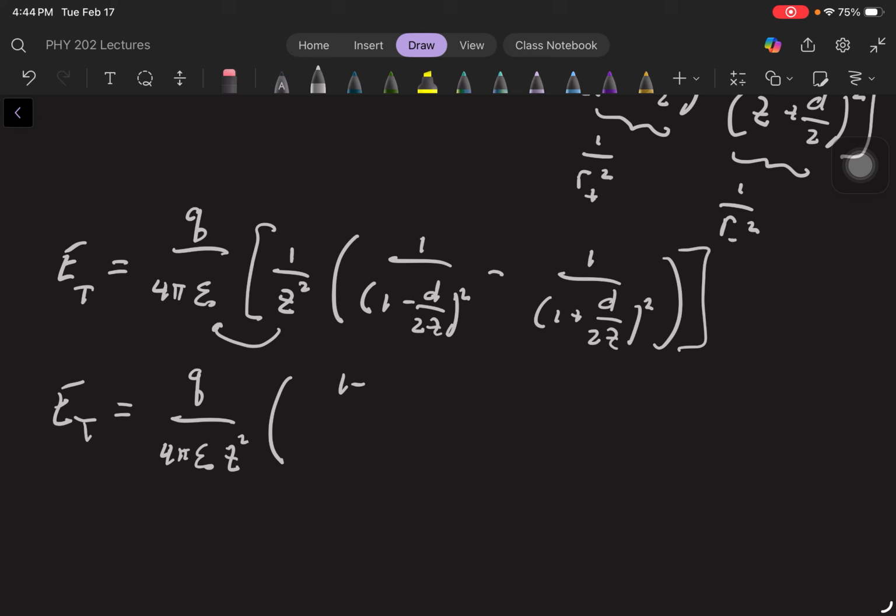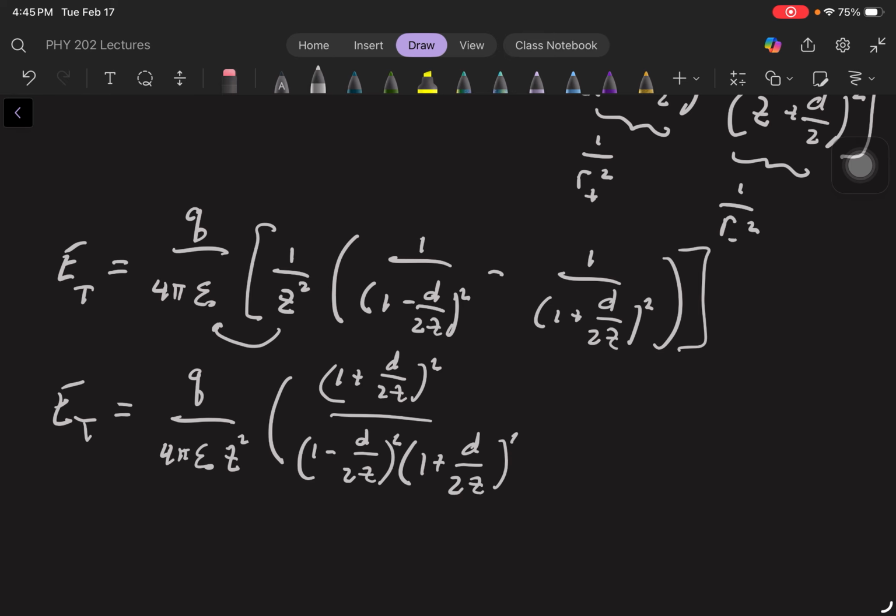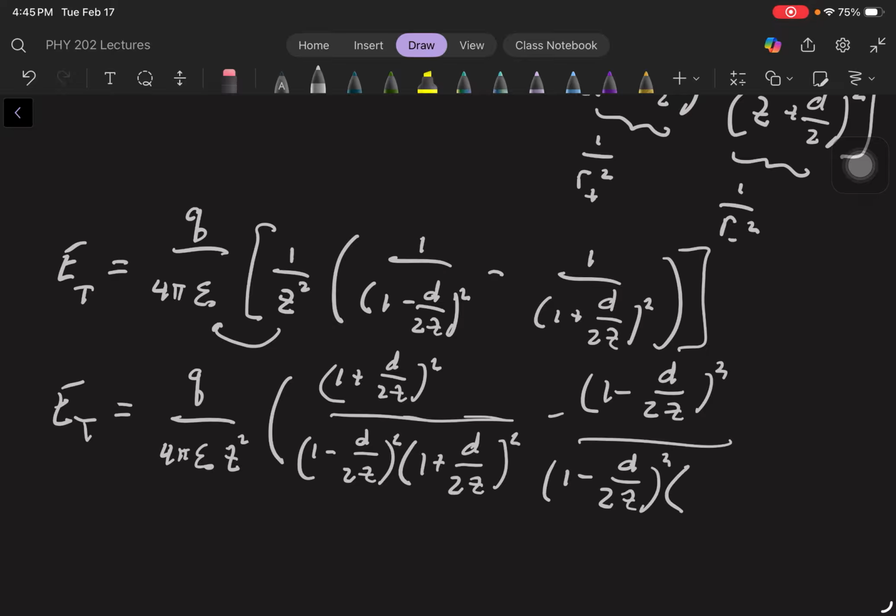Well, so we'll just do 1 minus d over 2z squared times 1 plus, oh, nope, I lied. 1 plus d over 2z squared over 1 minus d over 2z squared times 1 plus d over 2z squared, minus 1 minus d over 2z squared times 1 minus d over 2z squared and 1 plus d over 2z squared. Isn't that just beautiful?